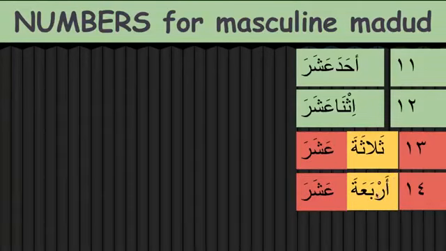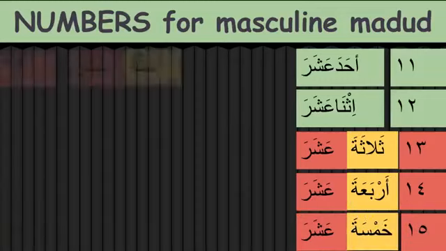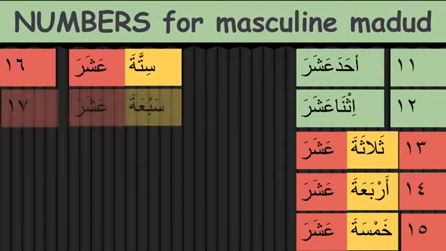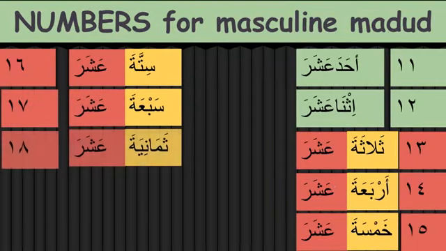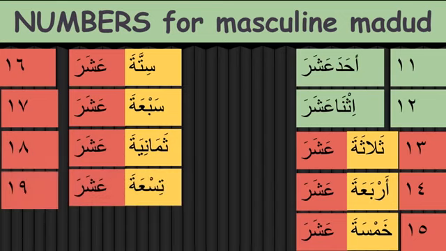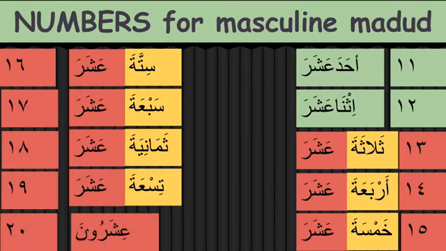So we have two characteristics here: arba'ata ashara, khamsata ashara, sittata ashara, 16, 17 will be sab'ata ashara, thamaniyata ashara, tis'ata ashara, and then ishrun. Ishrun we're going to do later, but just to see that it has a different pattern, like jam' mudhakkar salim: mudarrisun, muslimun, the same pattern, which we will do later. If we concentrate on 13 to 19, for a masculine ma'dud, the first number will be feminine and the ashara will remain masculine for a masculine noun.